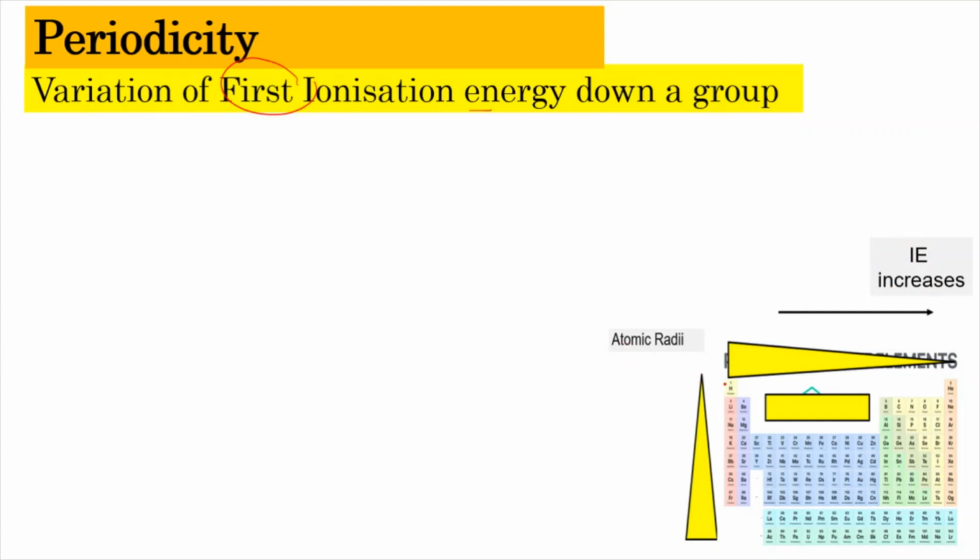However, down the group, the size increases, so the distance between the valence electron and the nucleus is very far apart. So you will know that down the group, it is easier to remove an electron. When it is easier to remove an electron, the ionization energy decreases down the group, because the size is much larger. So it is even easier to remove the electron.